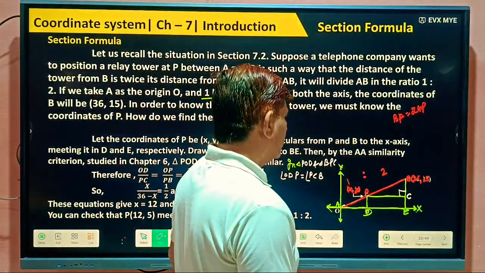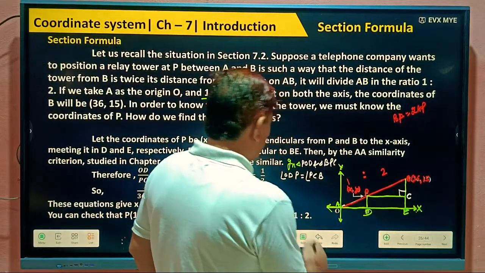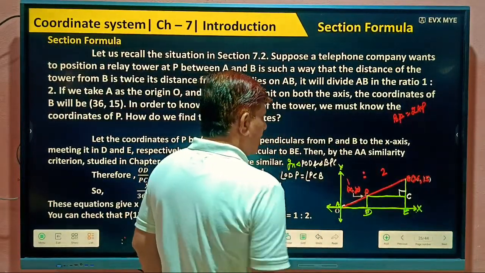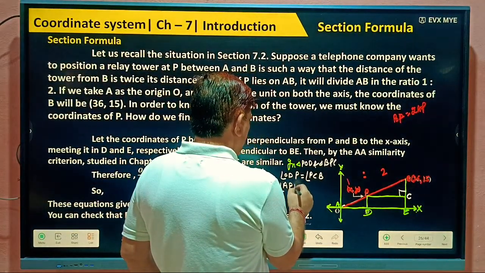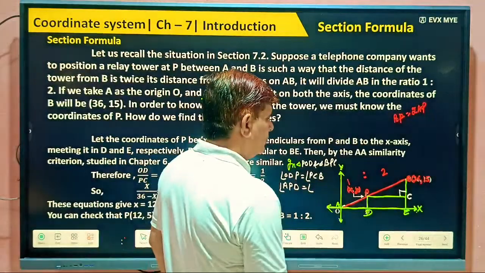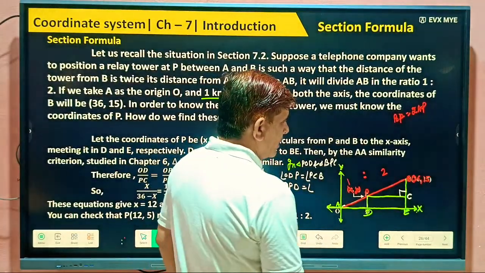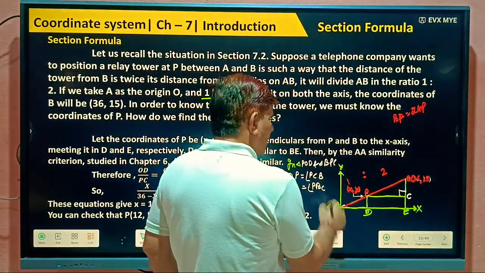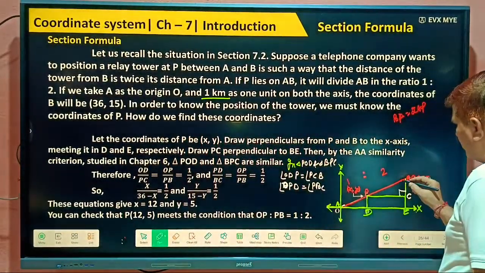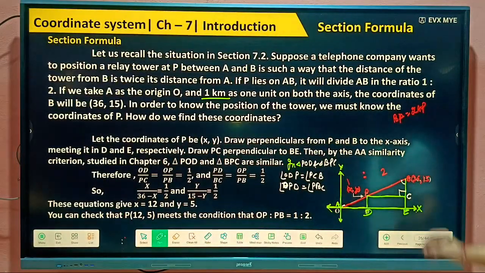Understood? Then what can we say? Angle OPD is equal to angle PBC, this angle. Why? Because they are corresponding angles, since these are parallel lines.